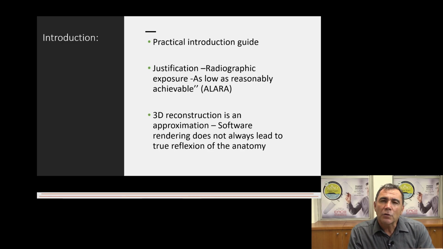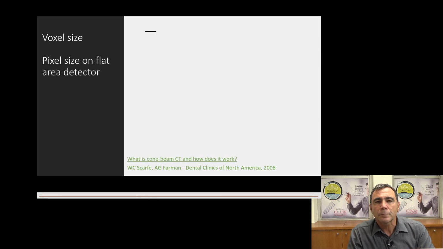I would just like to touch two small points before we go over to the practical side. The first is the voxel size. The voxel size is the pixel size on the flat area of the detector. It depends on your product how big this voxel is, but the computer program can only interpret what it gets on the screen.